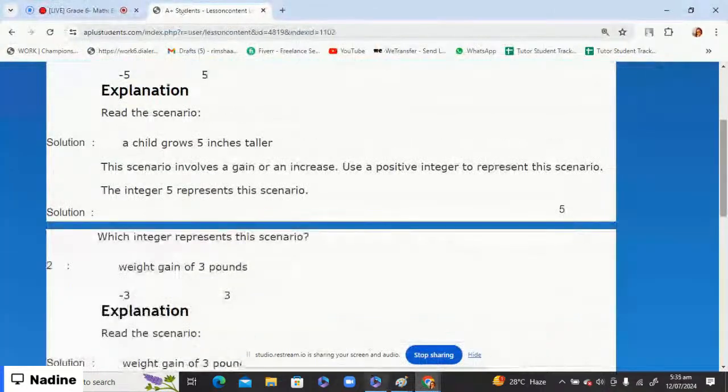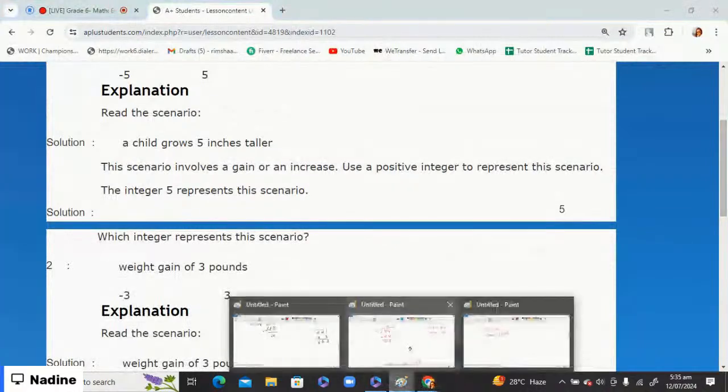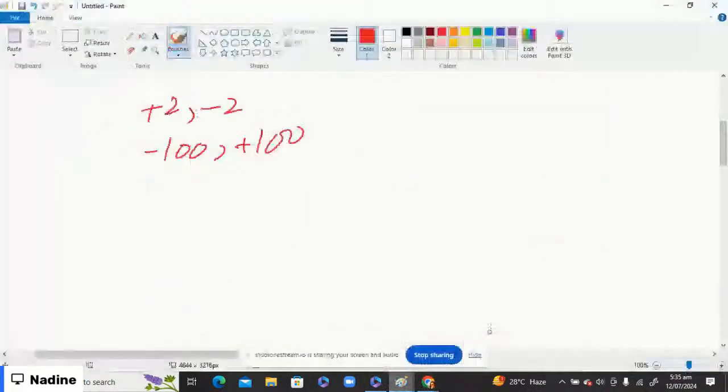And one more thing, if something is increasing, something high, something good, tall, gain, all these kind of things, you put the positive integers. But if it is in the form of decreasing values, something like less, something low, there is loss, you are going to put the negative sign with it.